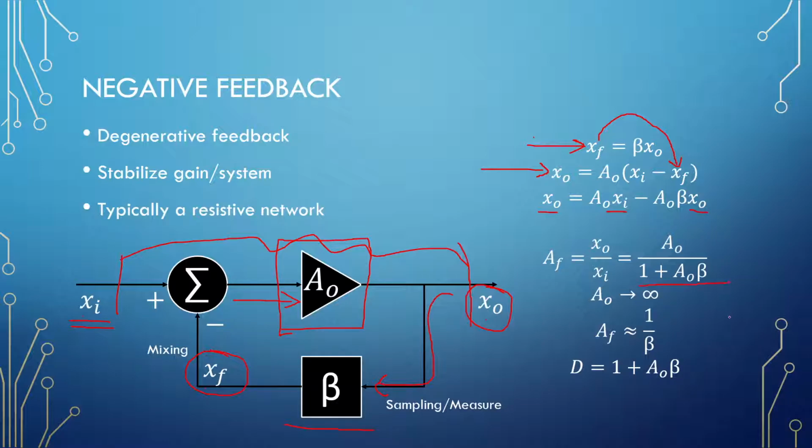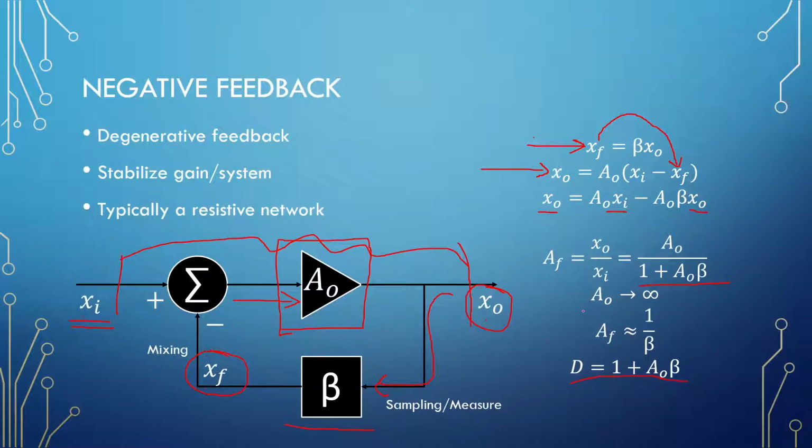Now this 1 plus A0 beta is our desensitivity factor. In some books or places you will find it as D, and that will be the amplifier's gain with feedback applied. So I used X's here because this can be currents, it can be voltages, it doesn't matter, it will be the same for all four amplifier topologies.